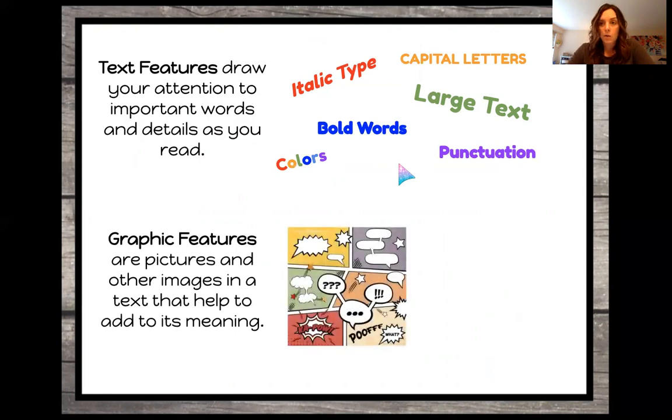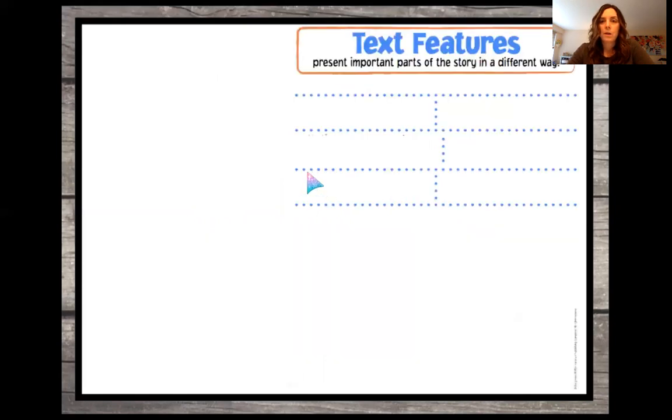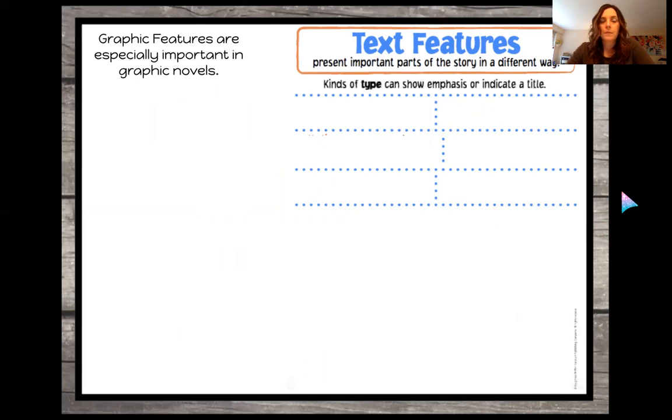There are a lot of graphic features in graphic novels. And these are things like illustrations, diagrams, maps, and speech bubbles. Authors use text features as a way to present important parts of a story in a different way. But graphic features are especially important in graphic novels.